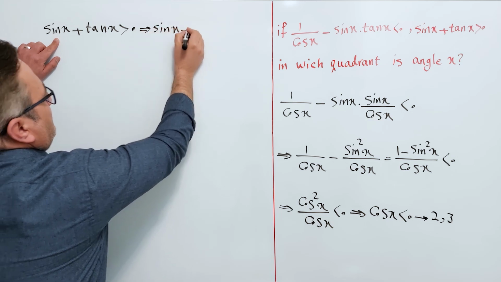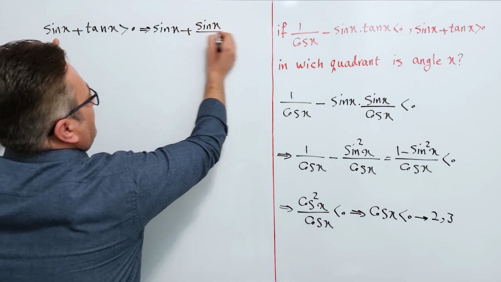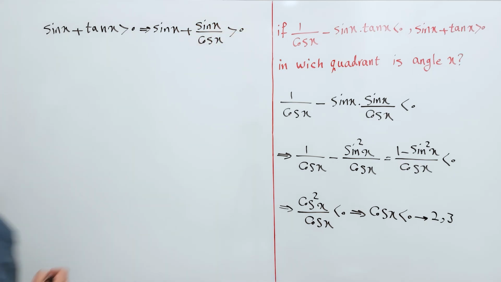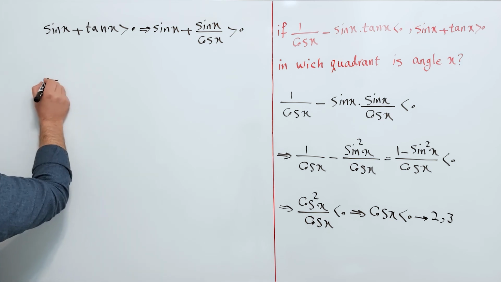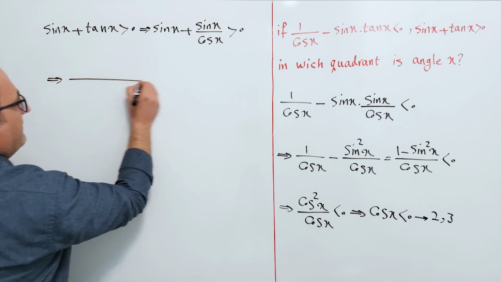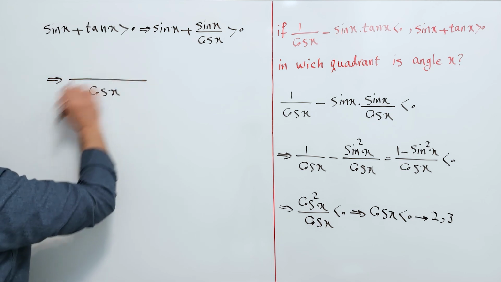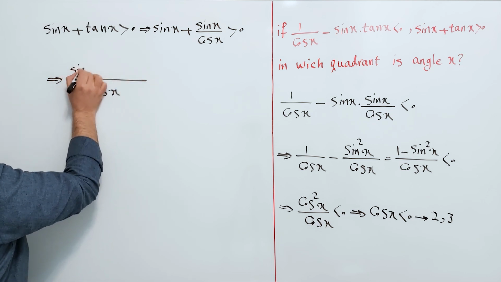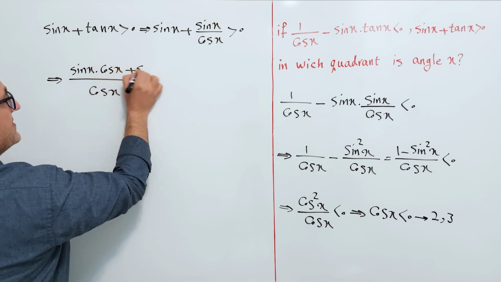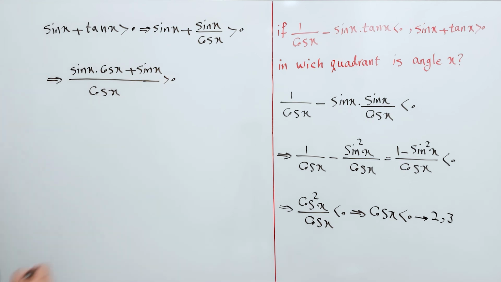Okay, so sine x plus tangent x is equal to sine x plus sine x divided by cosine x, positive. So if we take a common denominator, we have cosine x, and the numerator is sine x times cosine x plus sine x, is positive.